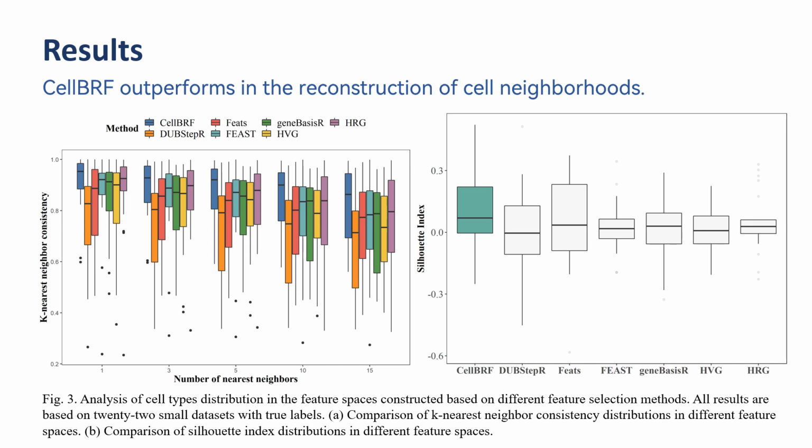We find that CellBRF achieves better cell type separation on average, which indicates that CellBRF can efficiently reduce the distance between cells of the same type while separating cells from different types, thus leading to more accurate reconstruction of cell neighborhoods.